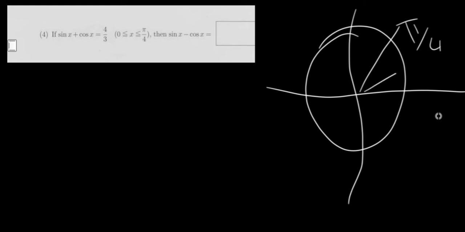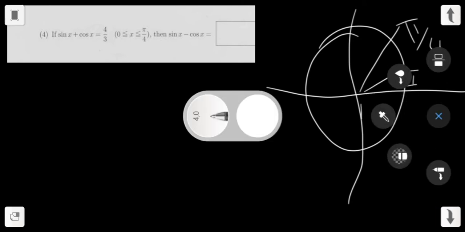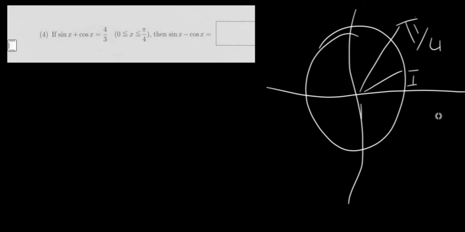Look, for example, in this part over here, the part of the sine of x is only this, but the part of the cosine is all this. This is your cosine and this is your sine, right? Here at pi divided by 4, the sine and the cosine are equal.